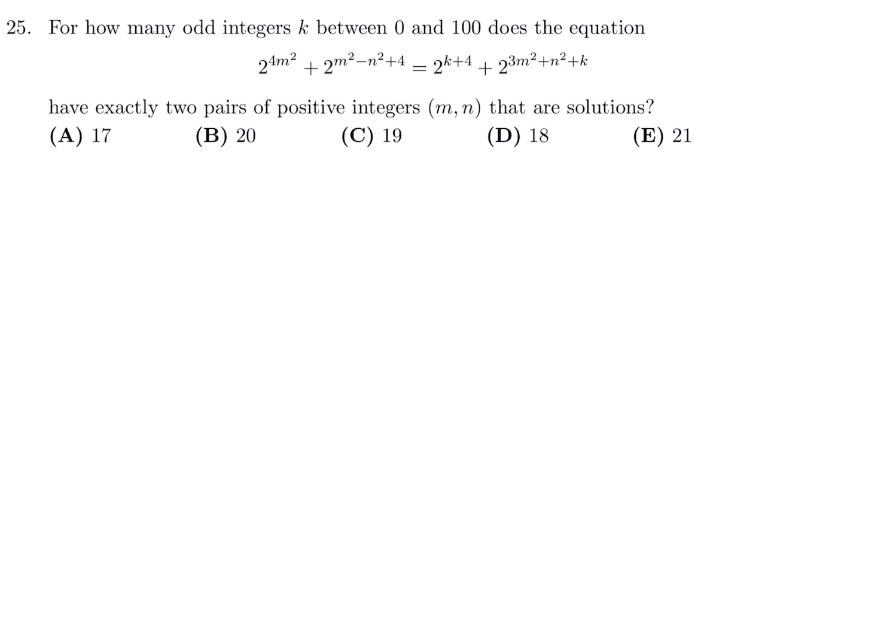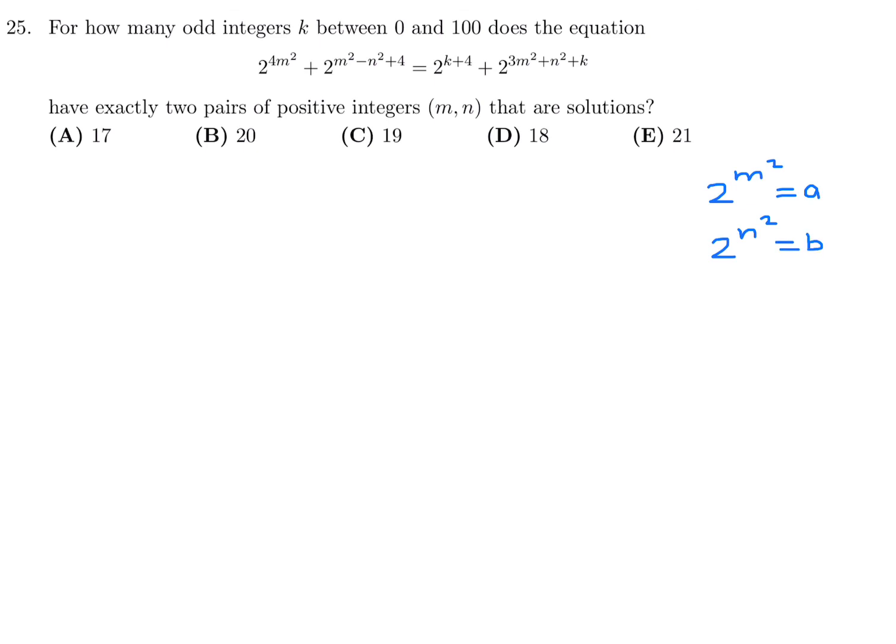For how many odd integers k between 0 and 100 does the equation have exactly 2 pairs of positive integers mn that are solutions? We have an equation, and I'm going to make a few substitutions to make this a bit digestible. The first substitution is 2 to the power of m squared will be a, 2 to the power of n squared will be b.